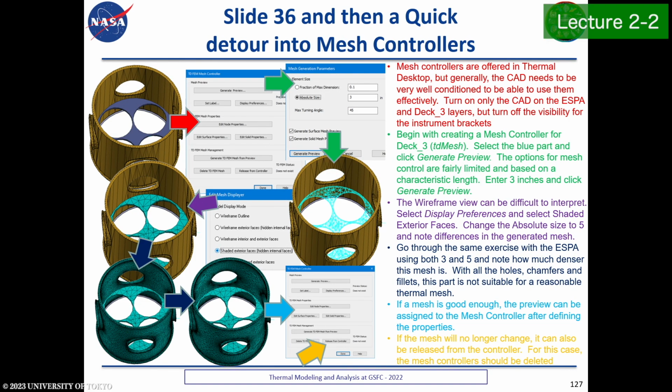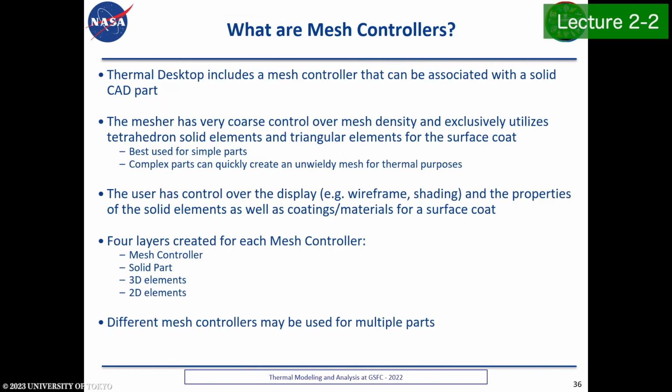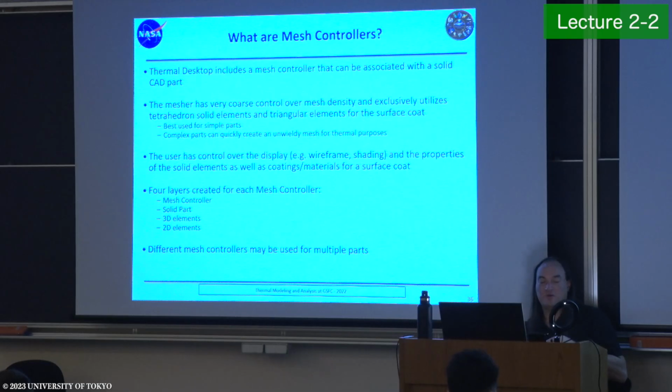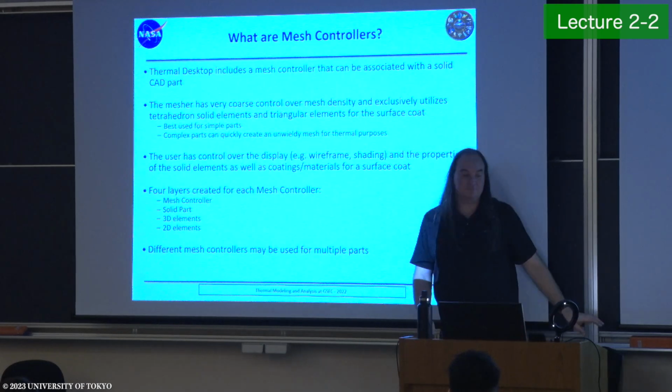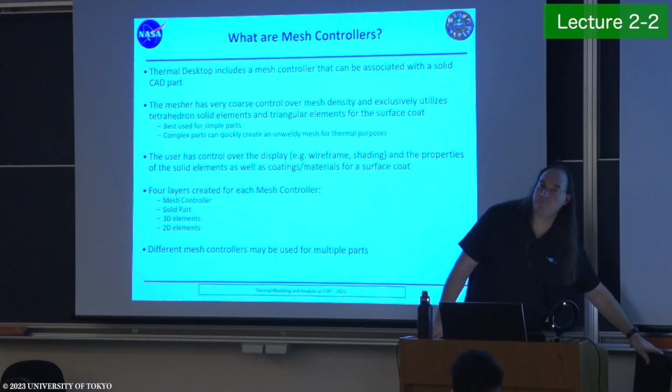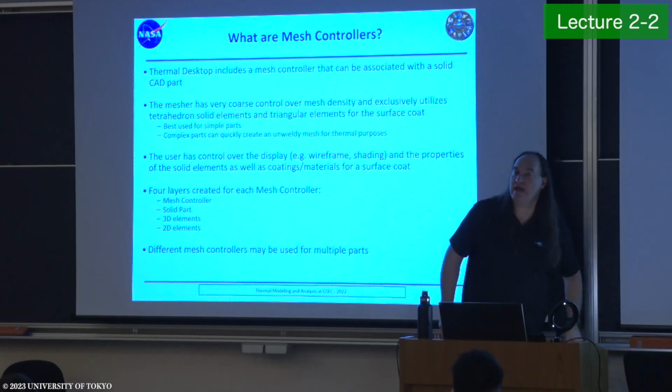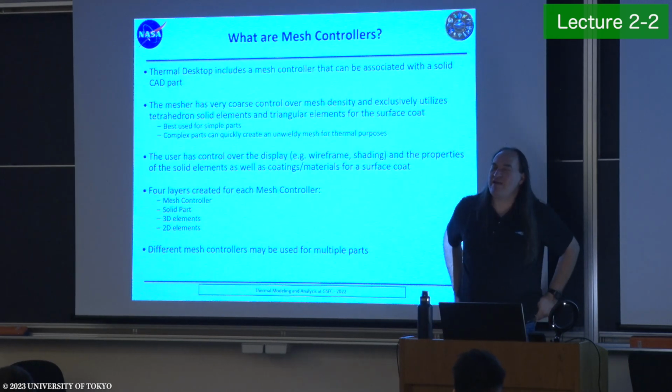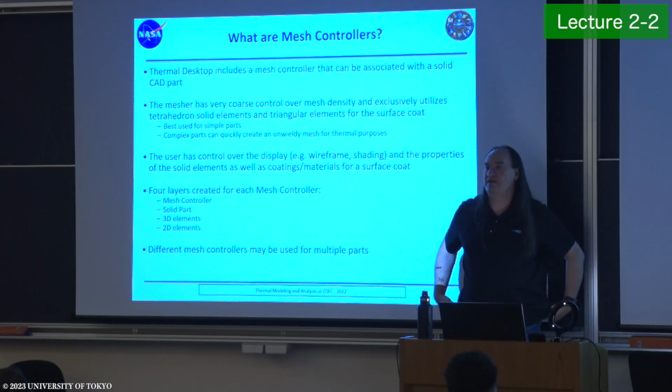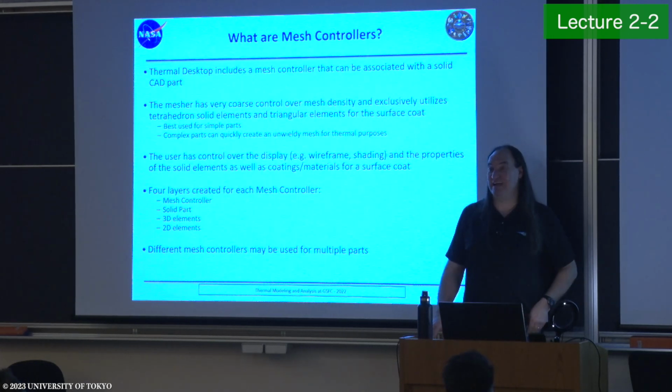We will talk real quick about the mesh controllers, which we talked about. For those of you who aren't familiar with mesh controllers, they are an object in Thermal Desktop where you can select a CAD part and then assign very basic properties to the mesh, essentially just the average element size.